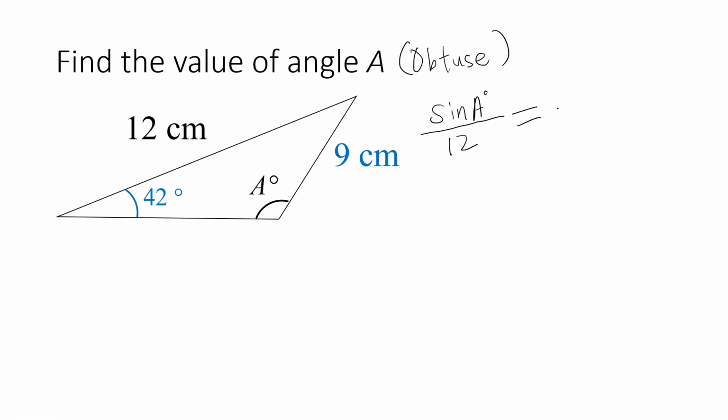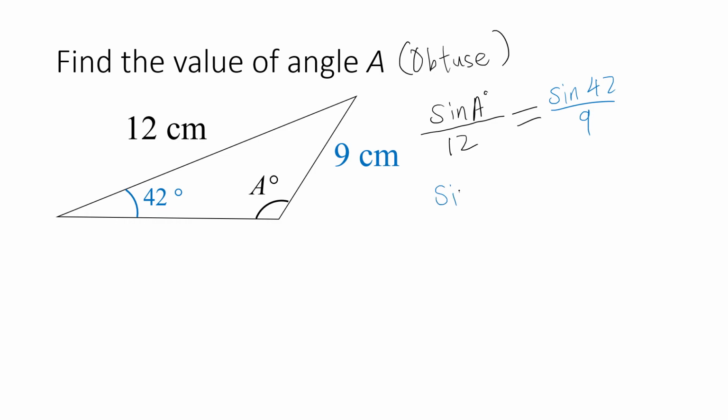So what do I write on top? Over here is the angle, so I need to write 42 on top. So I write sine 42 divided by the length, because the length is in the denominator. So again, very simple, we move the 12 over.